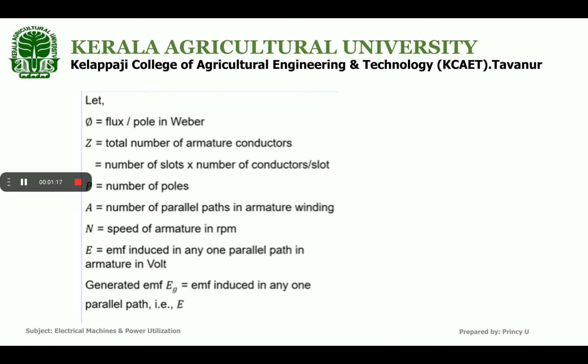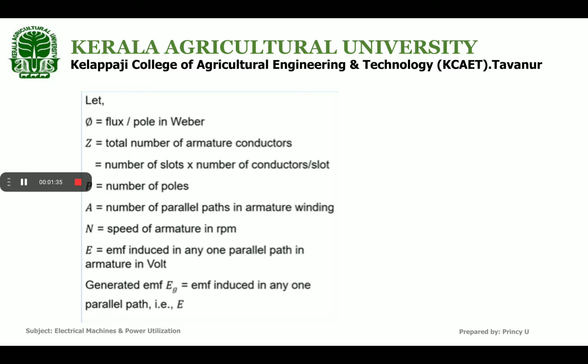Sometimes in one slot there may be 2 or 4 conductors. So if the conductors per slot is 4 and you have 15 slots, then 15 into 4 is the total number of conductors.